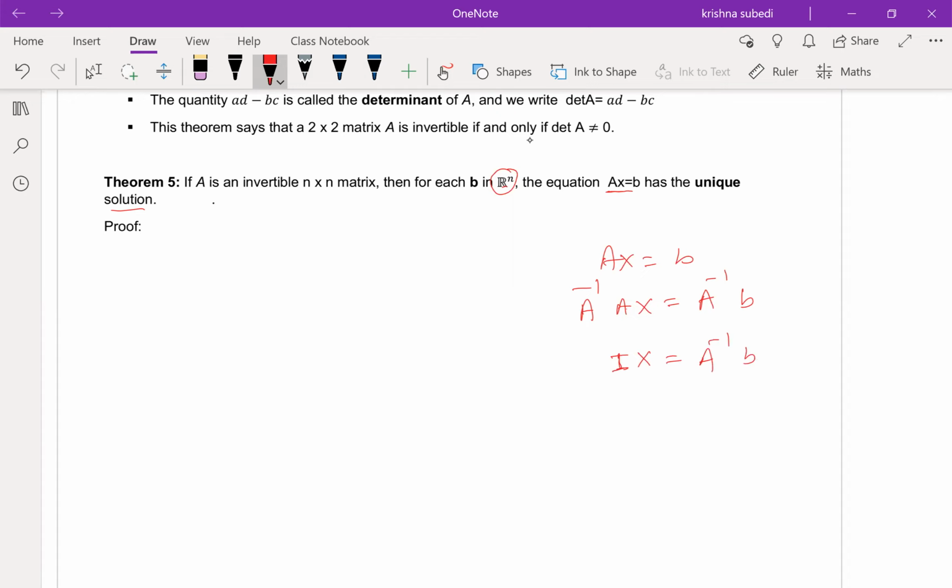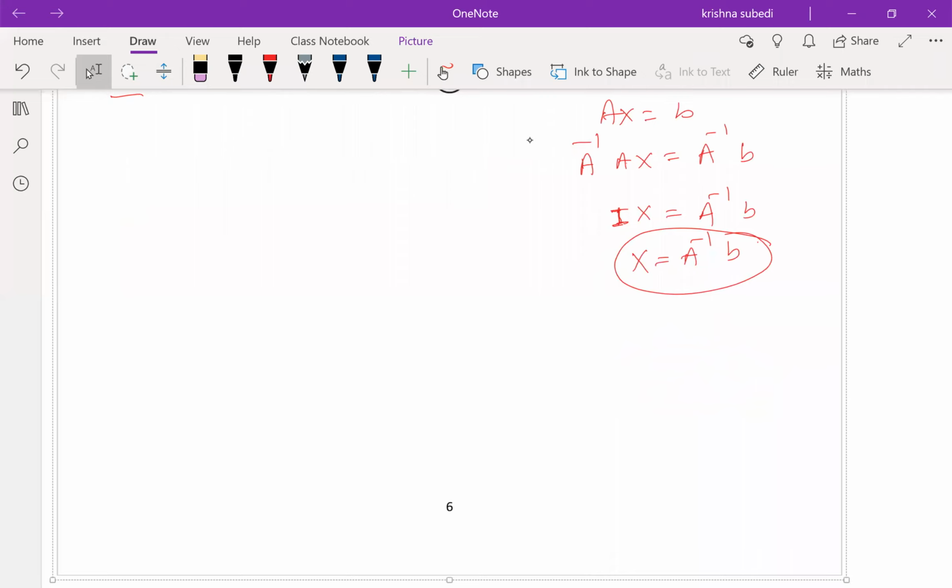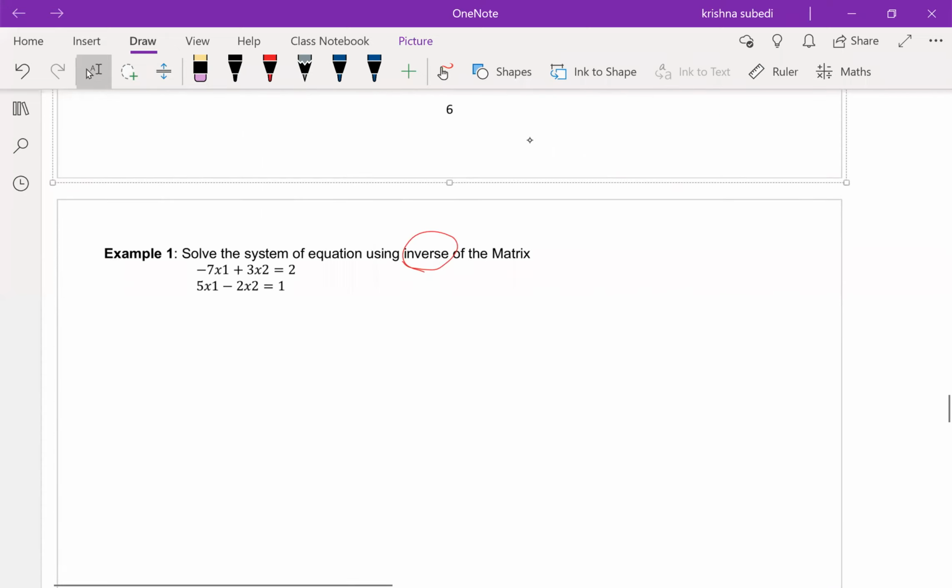And we already know that if we multiply any matrix with I, it will remain the same, so x equals A inverse b. This is the formula that we'll be using. The proof we'll do after the break. But let's work on this example 1.